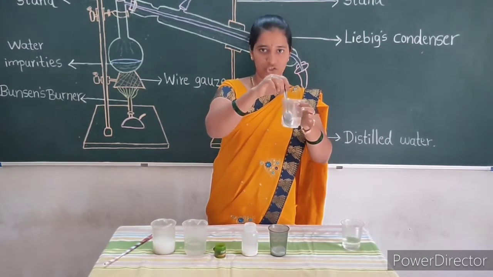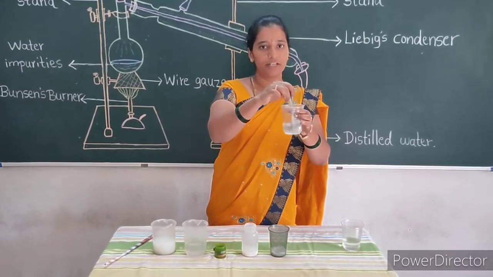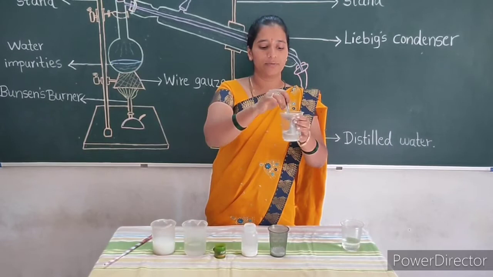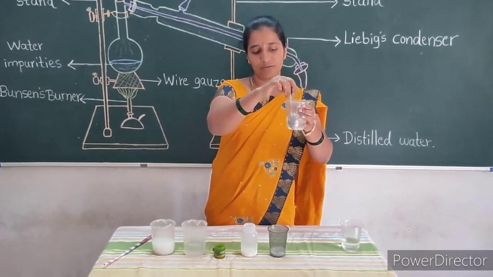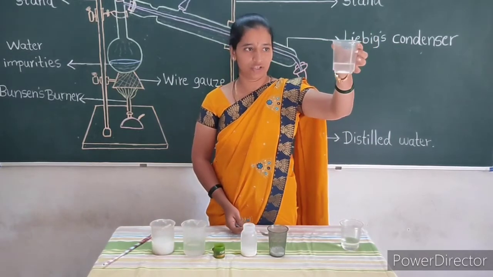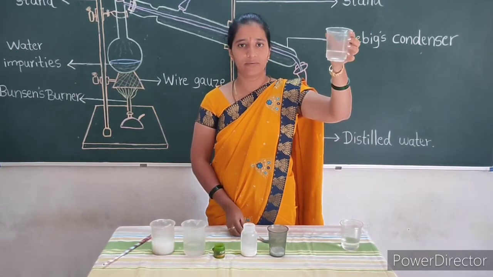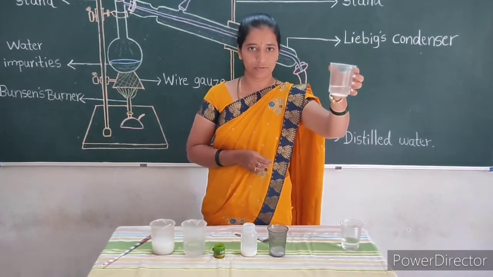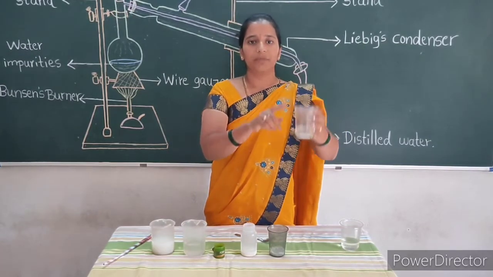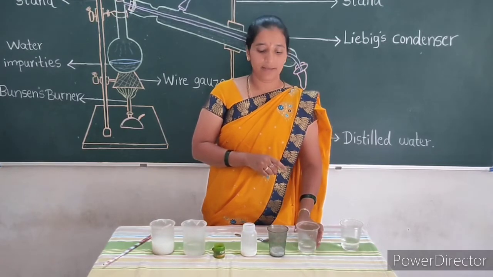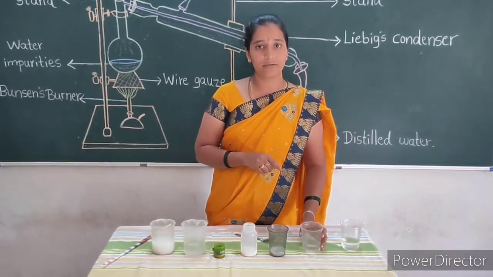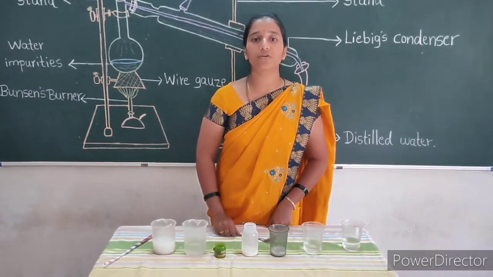Sugar dissolves in water. This is called a solution, because sugar will dissolve in water. The water is called a solvent, and the sugar that dissolves in the water, that one you call a solute.